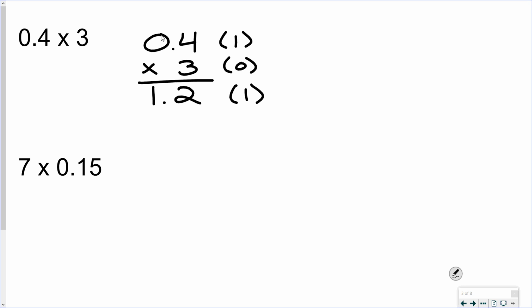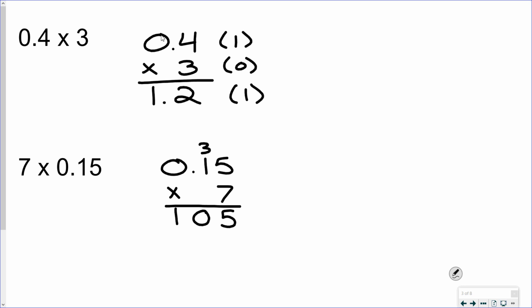Our next one, if we have 15/100 times 7, another suggestion would be to rewrite it vertically, but put the number that has more digits on top, and that can save you time with multiplying. 7 times 5 is 35. Excuse me. 7 times 1 is 7, plus 3 is 10.